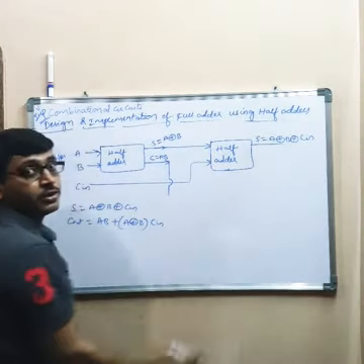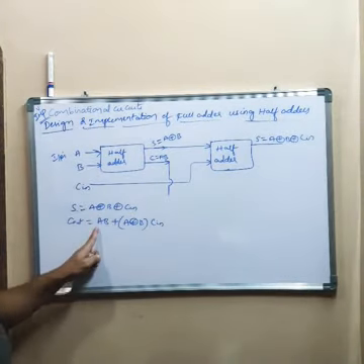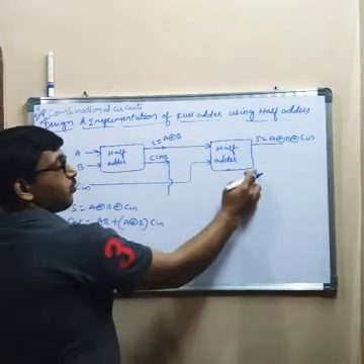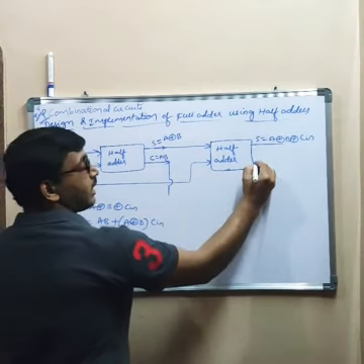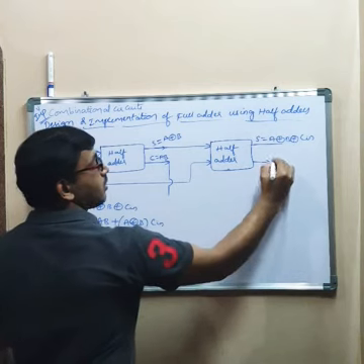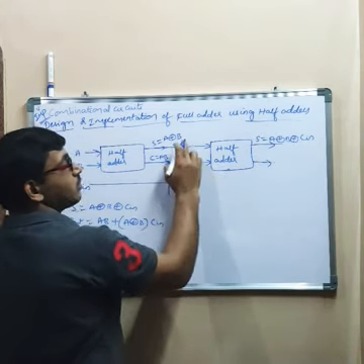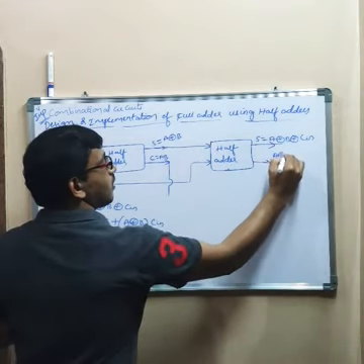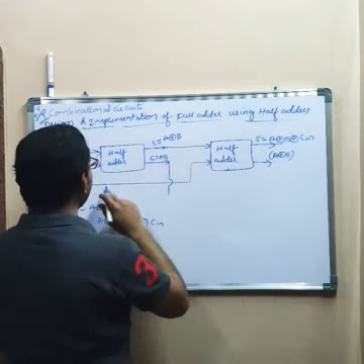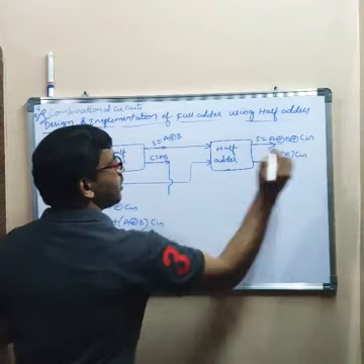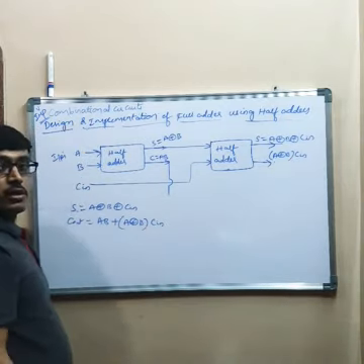Finally, the sum will be A XOR B XOR C in. What about the carry? The carry for this is A dot B, A is this one, (A XOR B) dot B is this one, C in, right?